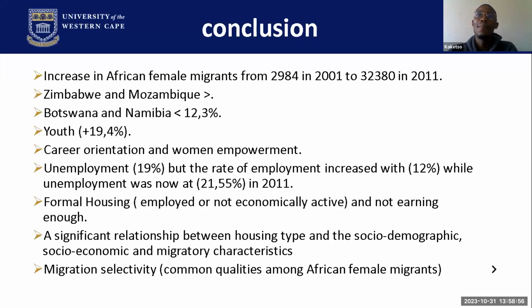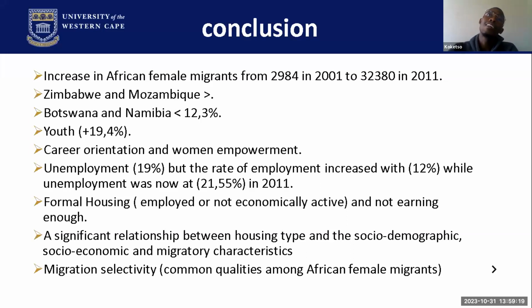There were measures put in place to make sure that women are being empowered. Unemployment in 2001 was 19%, but it increased by 12% and stood at 21.55% in 2011.